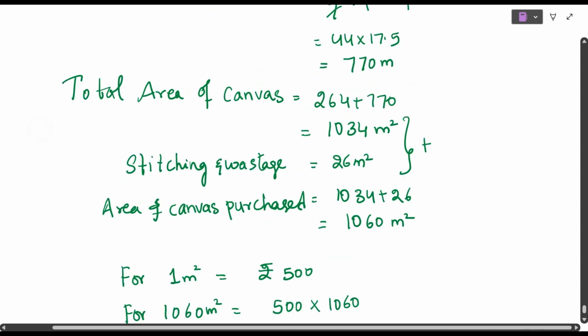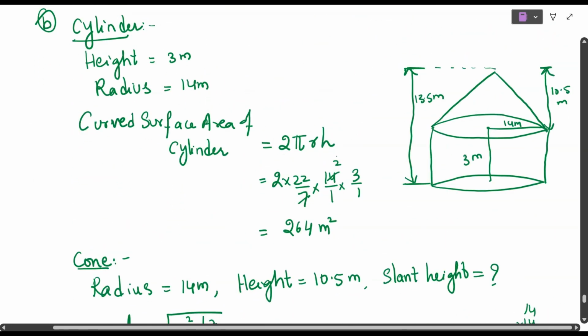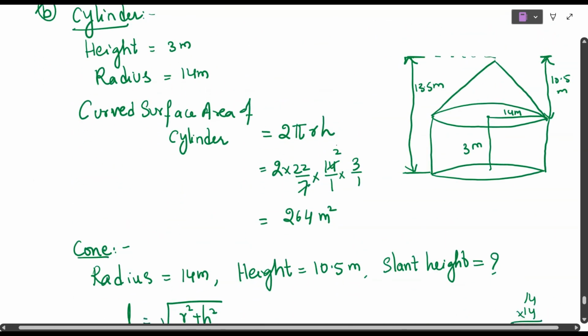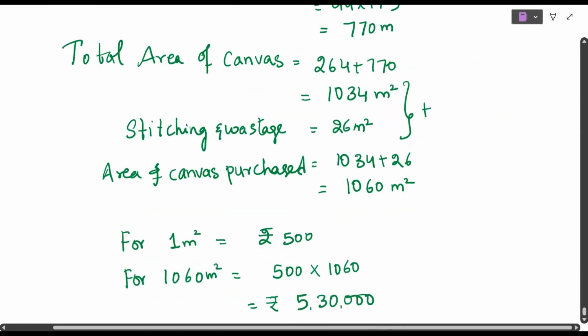So very easy, students. The tent is in the shape of a cylinder mounted by a cone. So we have to find the curved surface of the cylinder and also the curved surface of the cone. You add those two areas, you will get the area of the canvas. For stitching and wastage they have given 26, so add it to our area. You will get 1060.